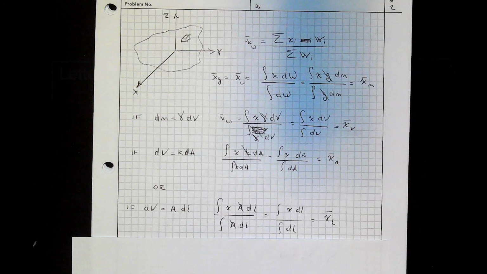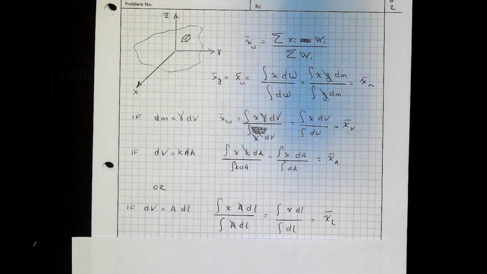So I can break this down into g times dm, and the g's cancel, and what we wind up with is the usual case, the center of weight equals the center of mass. Not exactly surprising. So I have xg, the center of gravity, is the center of weight, is the center of mass.